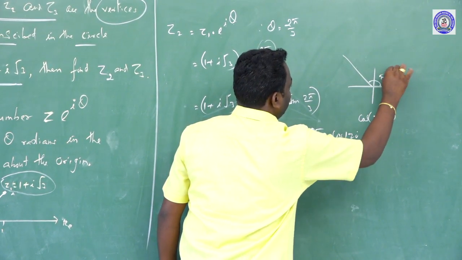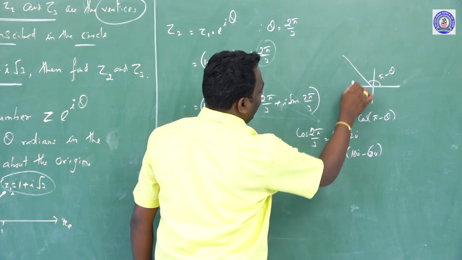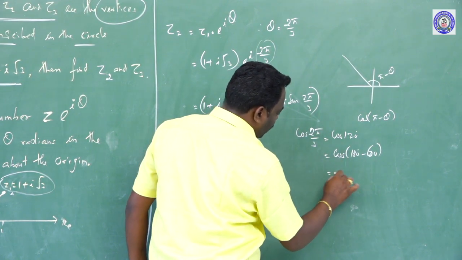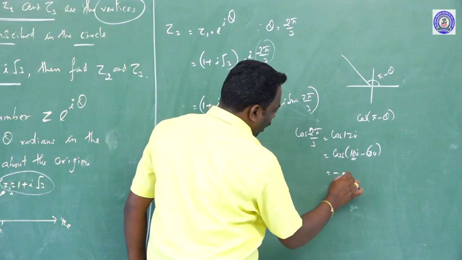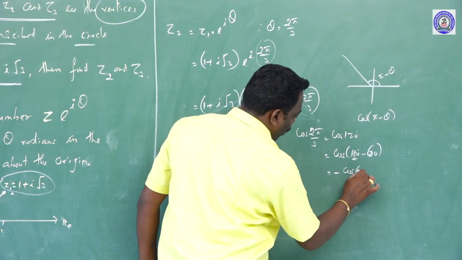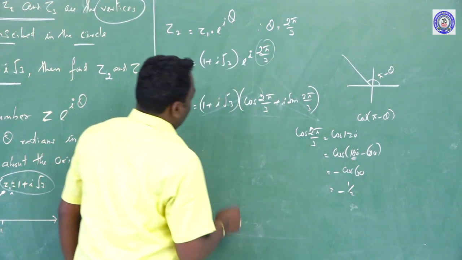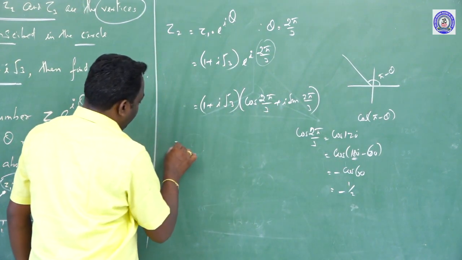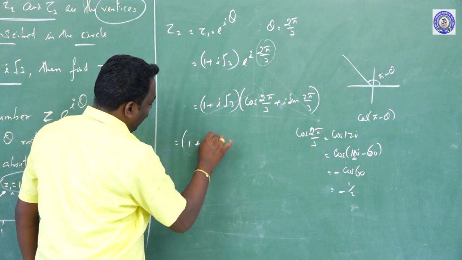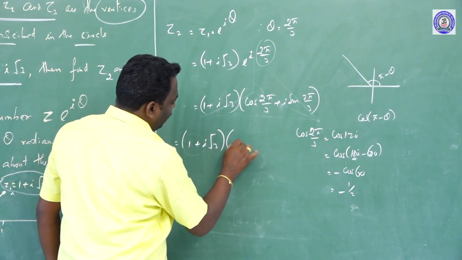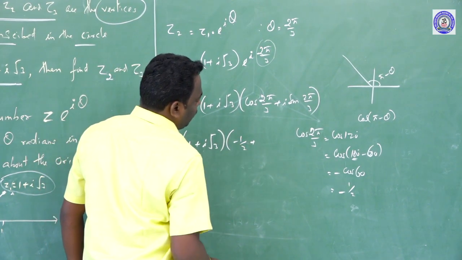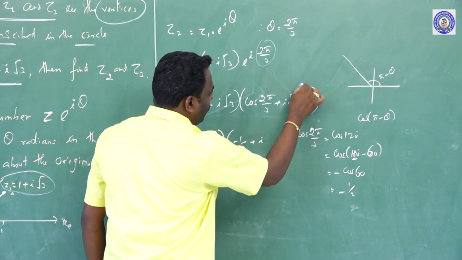In that quadrant, cos value is negative. For supplementary angles cos becomes the same with a minus sign, with θ equal to 60. Therefore, minus cos 60, which equals 1 by 2. Therefore, this value is minus 1 by 2. That is equal to 1 plus i root 3 into minus 1 by 2 plus i into, find this value.